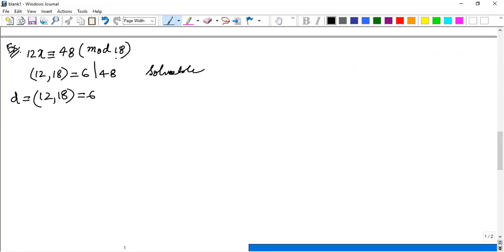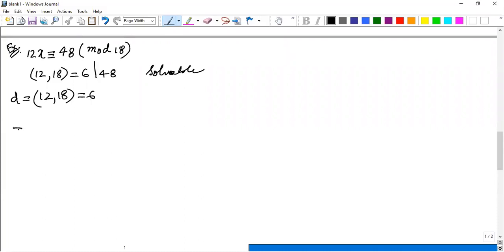So in that case, we have to divide this 18 by the GCD of 12 and 18. The GCD of 12 and 18 is 6.